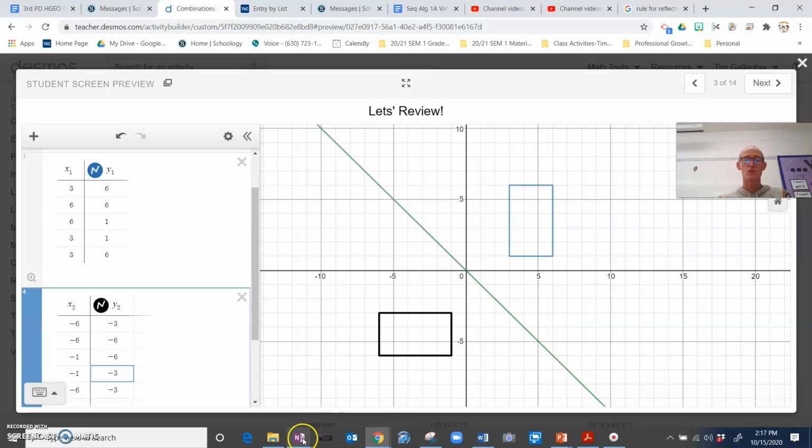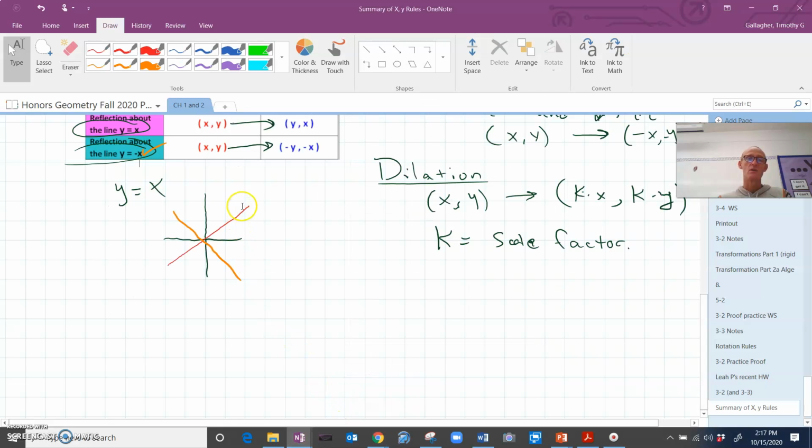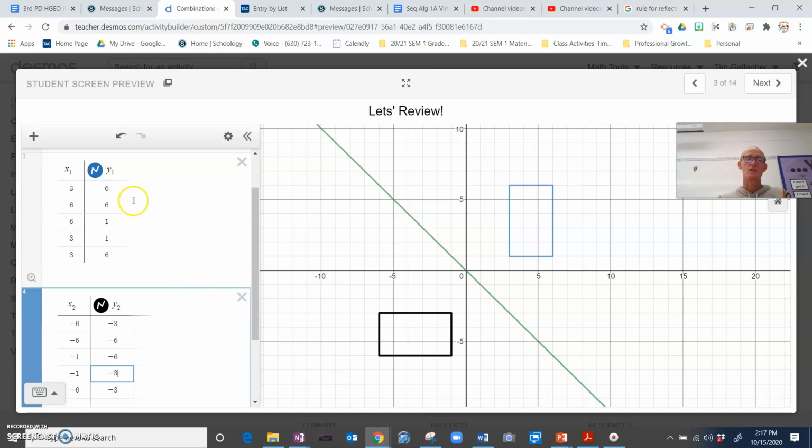Based on this rule, (x, y) turns to (the opposite of y, the opposite of x). So you can see that each one of these turned to the opposite of y, and then the opposite of x. Okay? So I hope that explains something a little bit better.